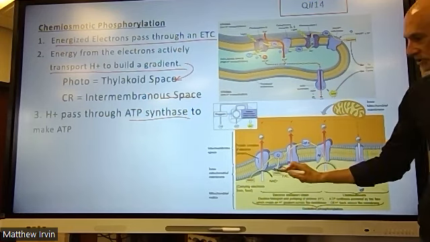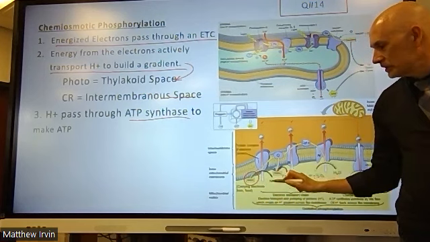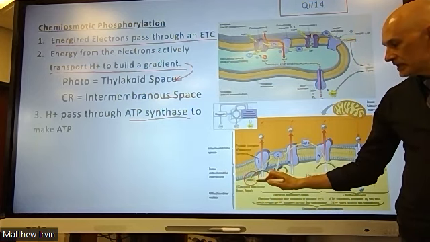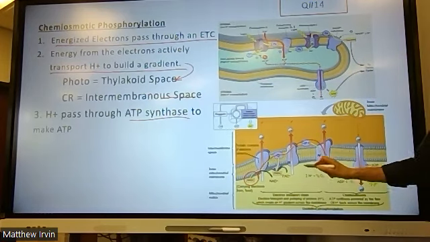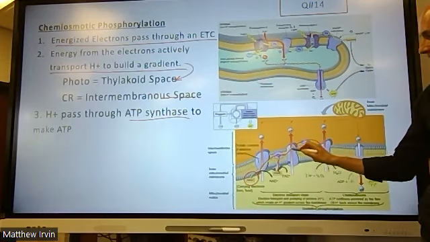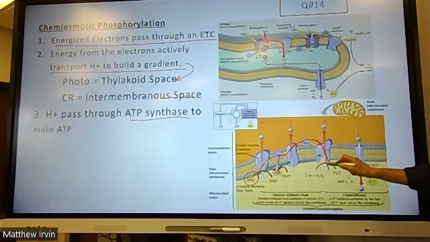So in cell respiration, we've got our hydrogen acceptors, our electron carriers, NADH and FADH2, putting their electrons through. And a very common question that happens: the final electron acceptor in cell respiration is oxygen.